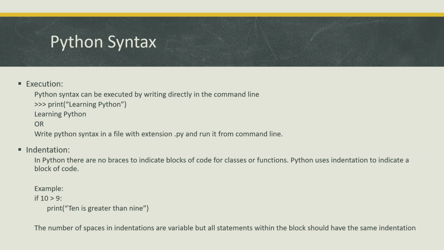The general practice while writing Python scripts is to put two indentations whenever you are trying to indicate a block of code. But you can obviously use any number of indentations, but do make sure that they are consistent.